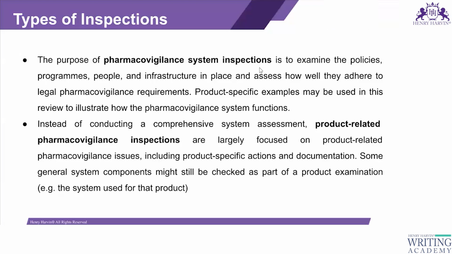That is to examine what the pharmacovigilance programs and policies of the marketing authorization holder are. Do they have adequate staff and infrastructure, and how much do they adhere to the legal pharmacovigilance requirements? To check all this, the pharmacovigilance inspections are conducted.